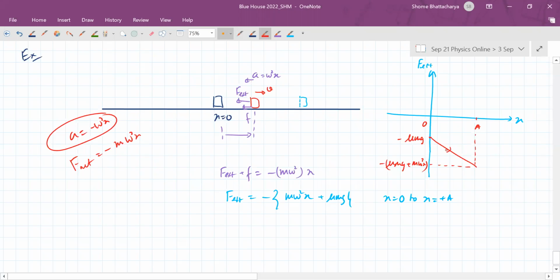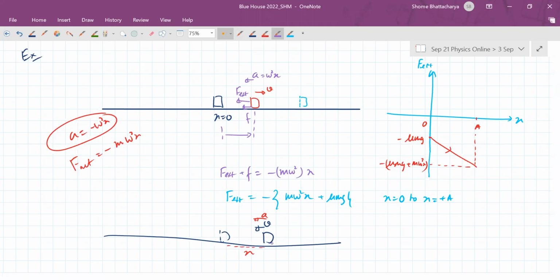Now, next part of the cycle, when your block is coming back, its v is in this direction, but its acceleration should be like this only at x. So this time friction is acting like this now. So your F external has to be larger actually.